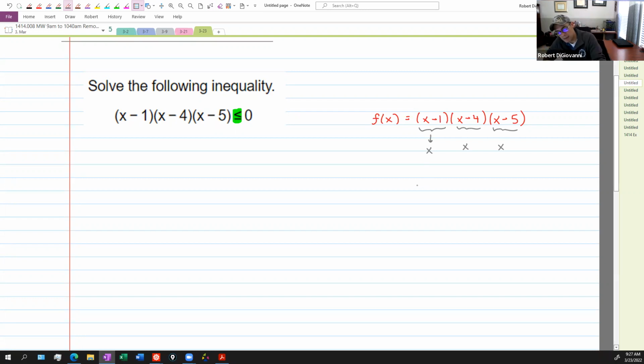So I know that it looks like x cubed. And as far as a leading coefficient, all of these had 1s in front of them. So it'd be 1, 1, 1. If I multiply all those together, I get a 1. So that tells me right now that I have an odd degree and a positive leading coefficient. And that means the left side goes down and the right side goes up. In the middle, we don't know.